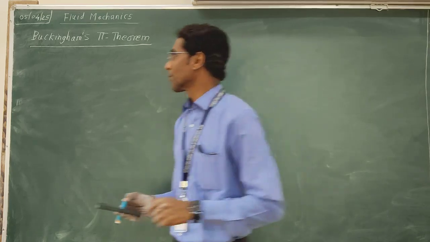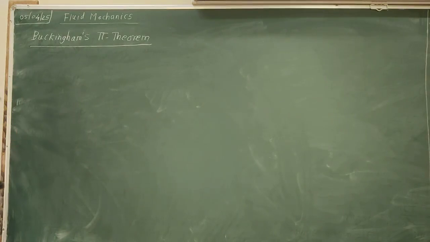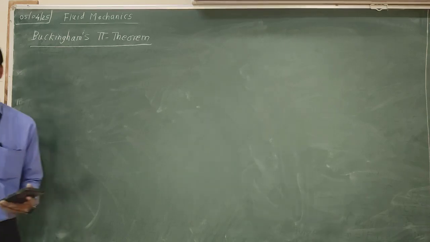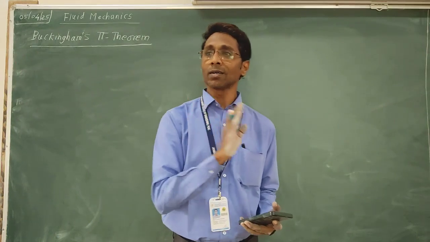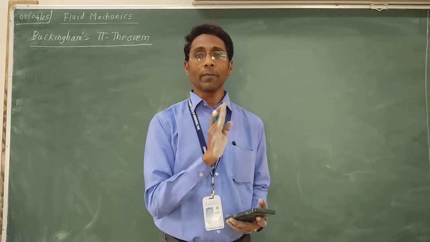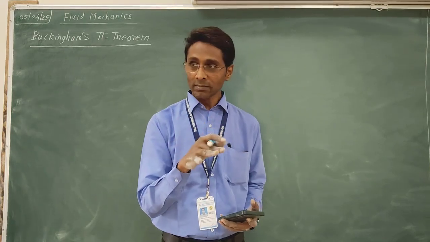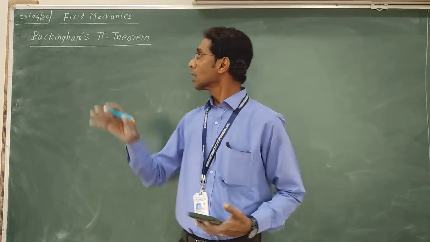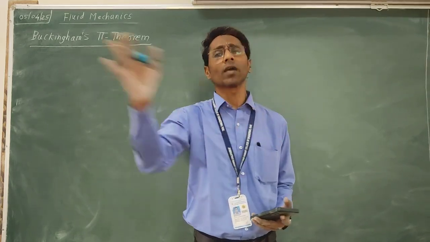Okay. Now see, what is this method? We have seen various forms, MLT forms. These forms are all variables, and we already studied that there are two main categories: fundamental, meaning independent, and derived quantity, meaning dependent. Any problem will have n number of variables.